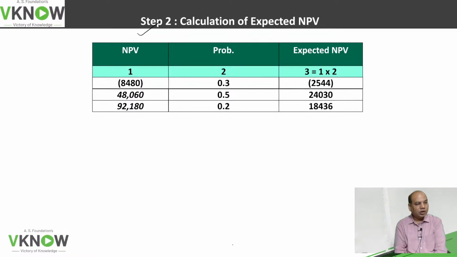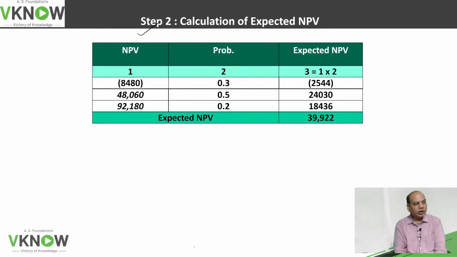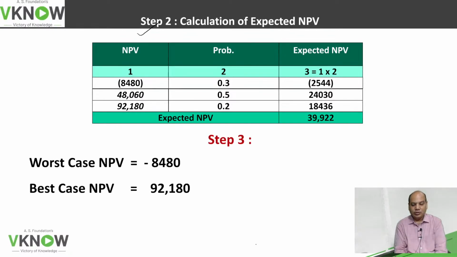Total please, total, come on. What is the total of the last column? Total of the last column is 39922. This is my first answer, expected NPV.